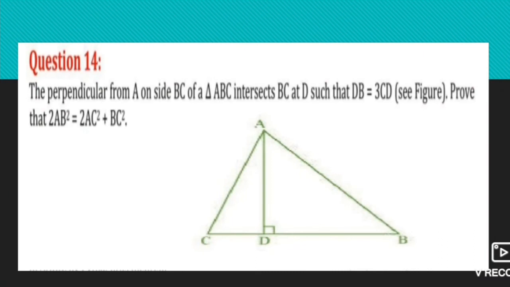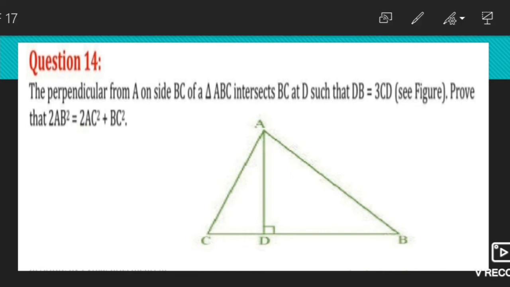Now we'll discuss question number 14. The perpendicular from the side A on the side BC of triangle ABC intersects BC at the point D such that this DB side is thrice of CD.